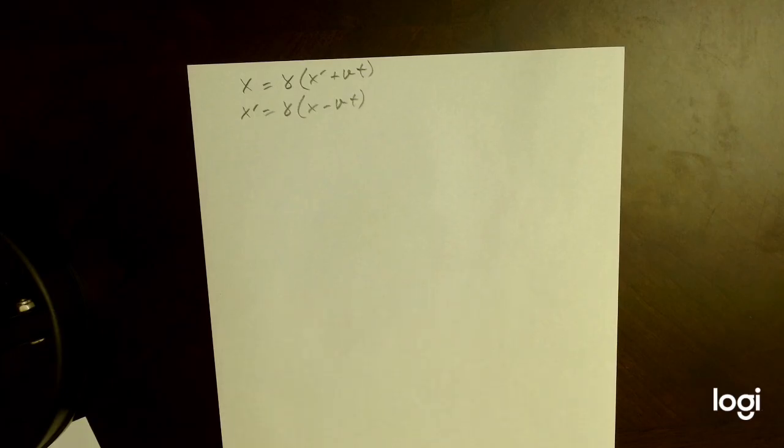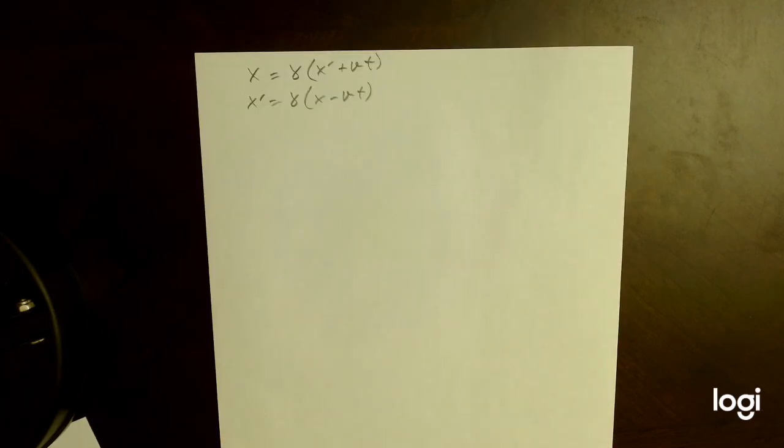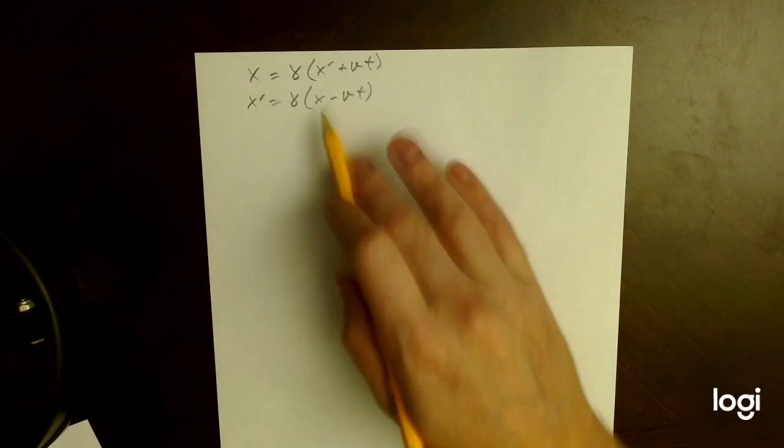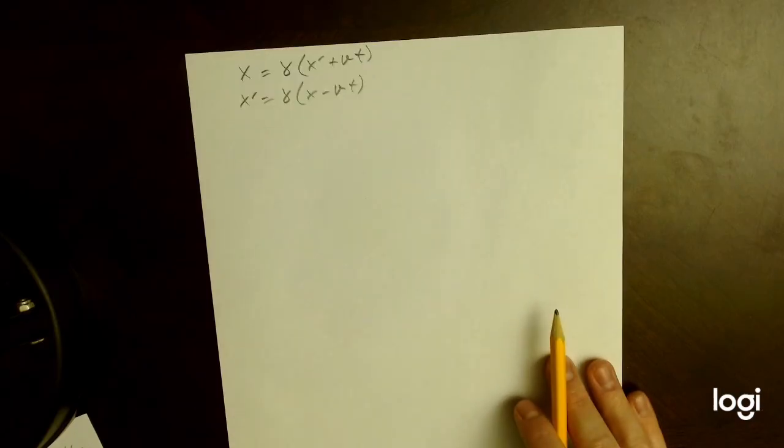And we know that there's a little bit more to these transformations because we need to find a relationship between, say, t and t prime, and we're actually going to use these relationships to do it.